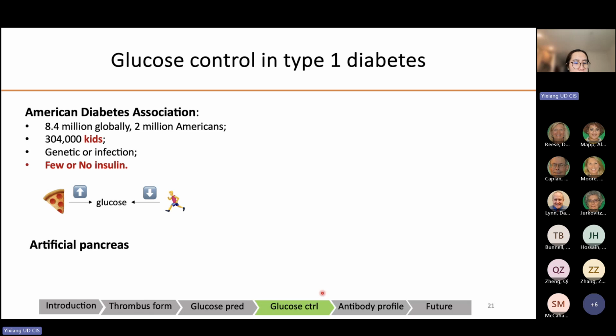A current technology that helps type 1 diabetic patients is the artificial pancreas model, which consists of the following 3 steps. One is to automatically monitor glucose levels. Second is to calculate the appropriate amount of insulin. And third is to deliver the insulin into the patient's body.